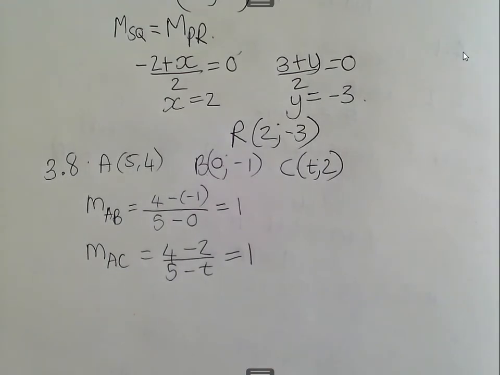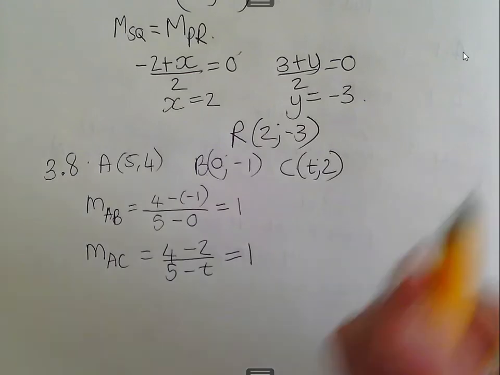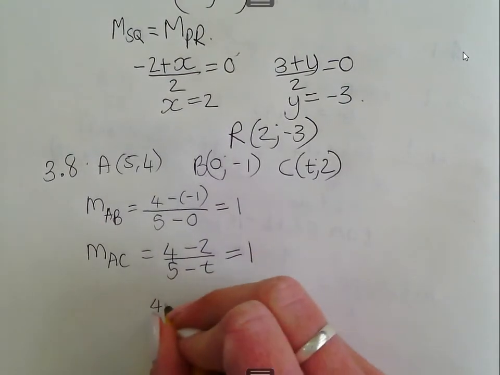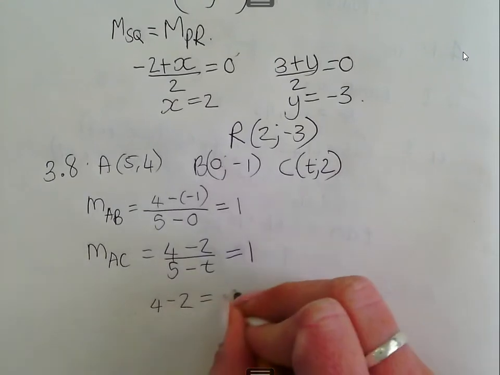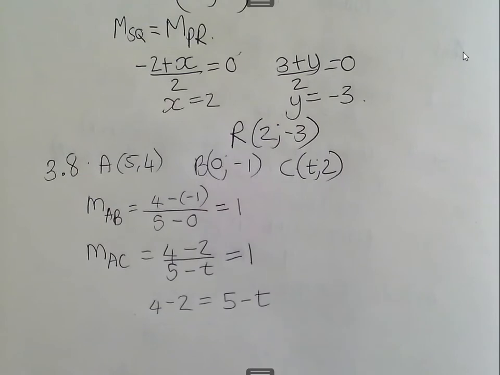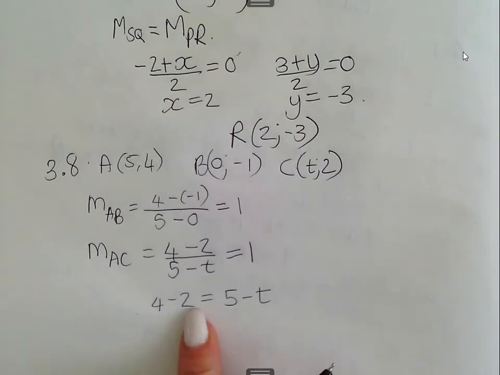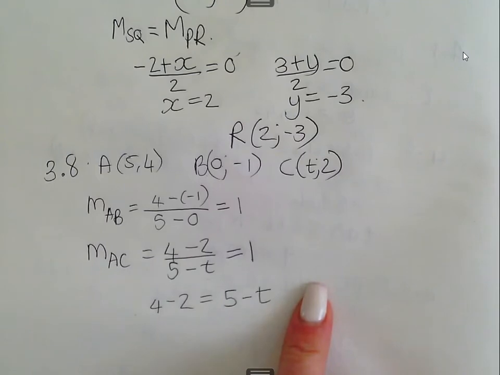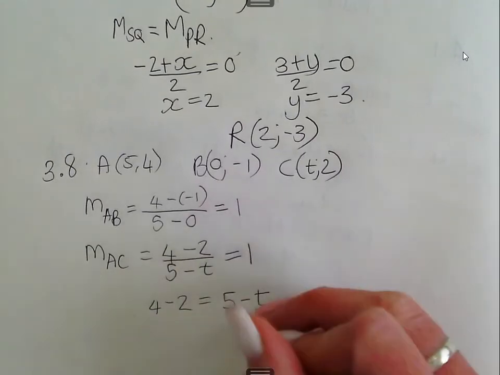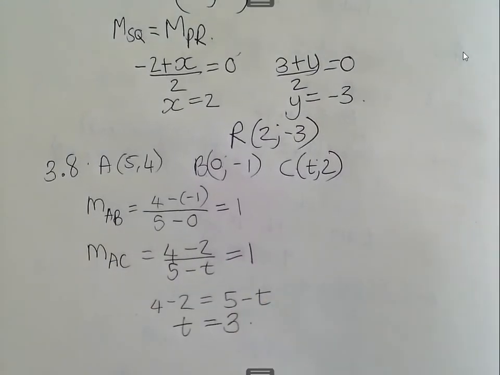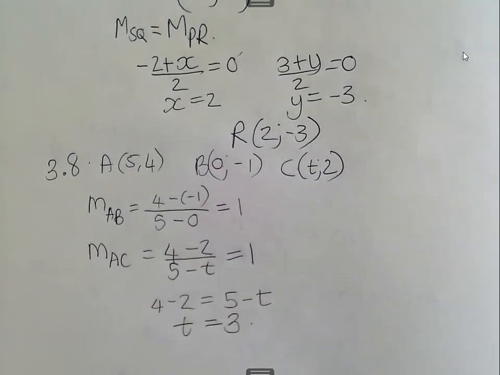My unknown is in the denominator, can you see that? So I can just swap it. So the 1 goes there, so it's actually just 4 minus 2 equal to 5 minus t. What's 4 minus 2? 2. I'm going to take the 2 over, it's going to become minus 2, and I'm going to take the t left so that it becomes positive. So it's positive t equal to 3. And that's it.